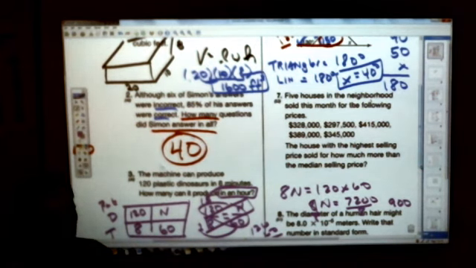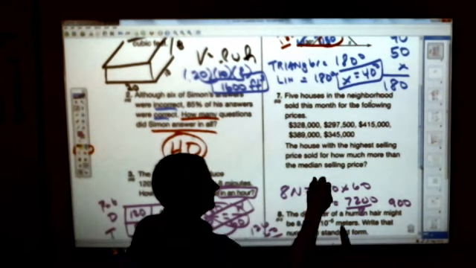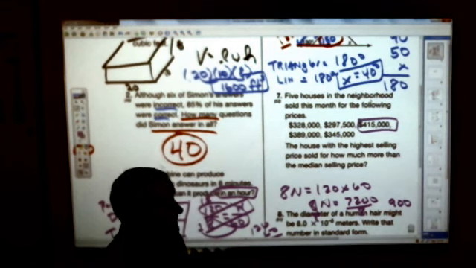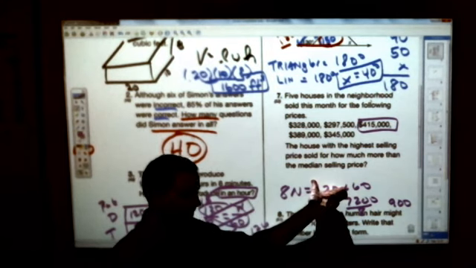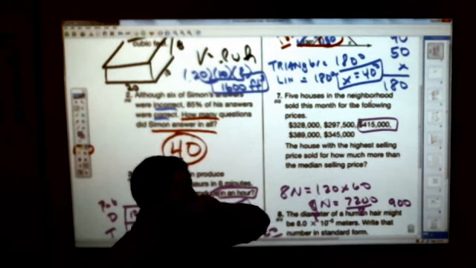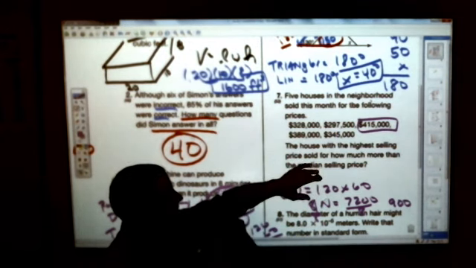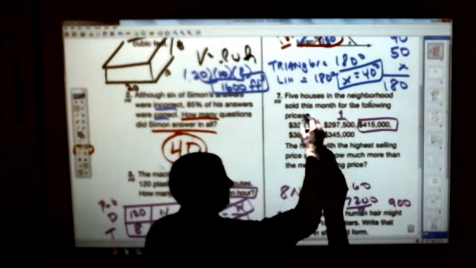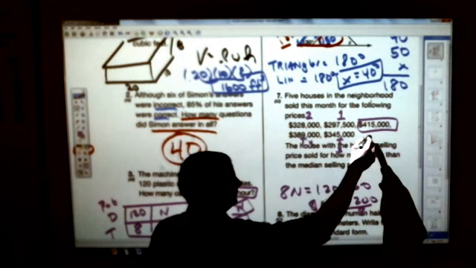For problem number 7, ladies and gentlemen, if you got that incorrect, they asked you for the median. The difference between the highest selling price, which is this one, and the median. In order to find the median, you have to put them in order from least to greatest, and it's the number that's in the middle of that. The number that actually ends up in the middle is, I believe, 345,000. Because this number would go first, this is second, this is third, this is fourth, and this would be the biggest.